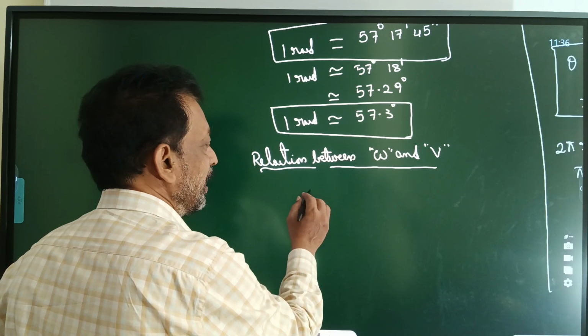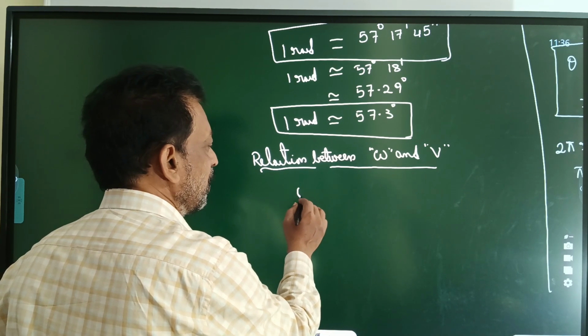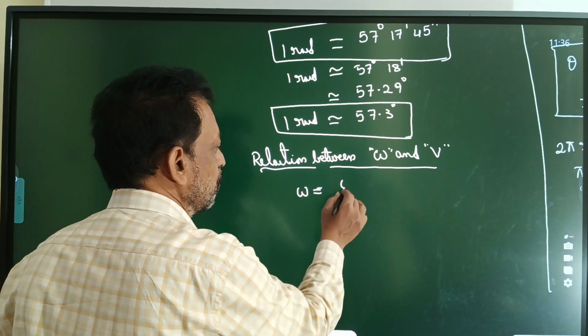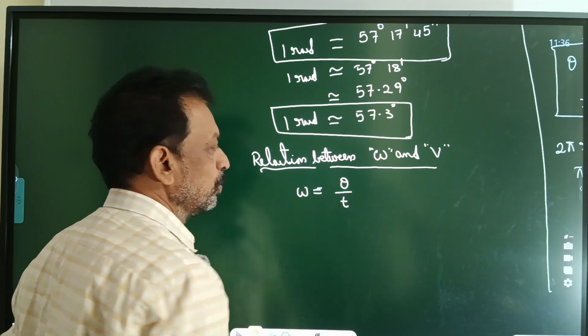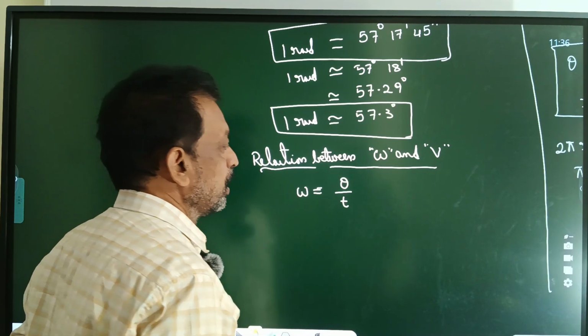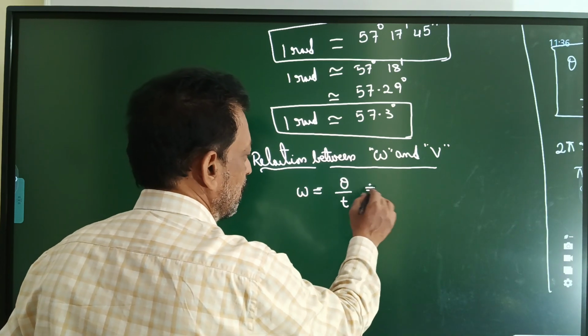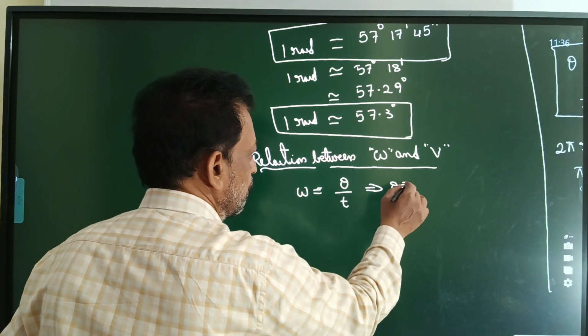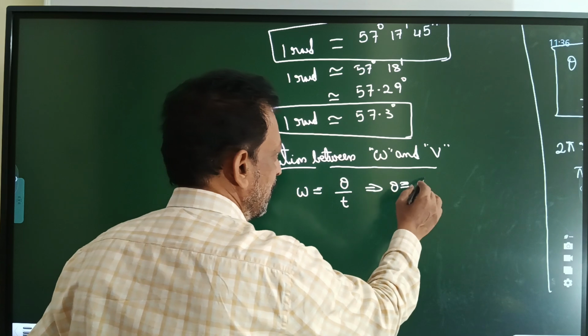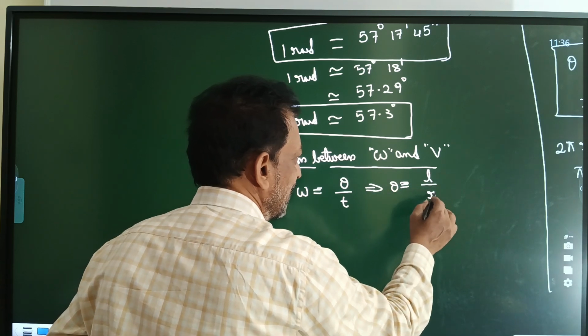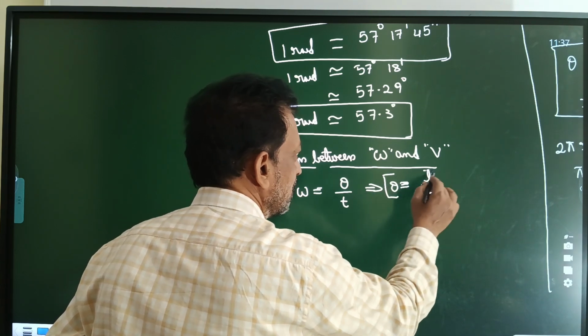So what is the angular velocity? Omega is equal to theta by t. Therefore, theta is equal to, what is the theta formula? Length of the arc by radius, just now seen.